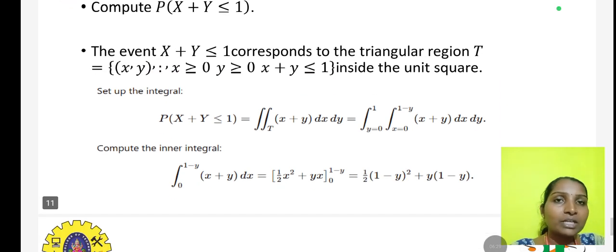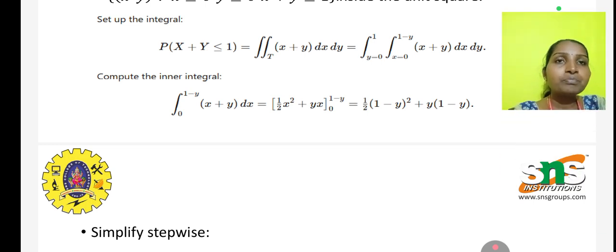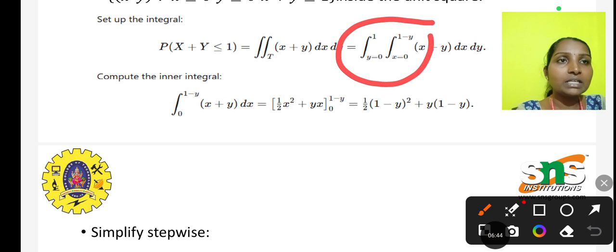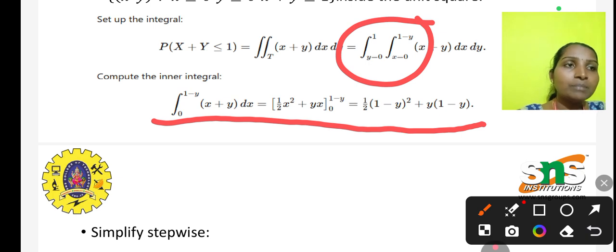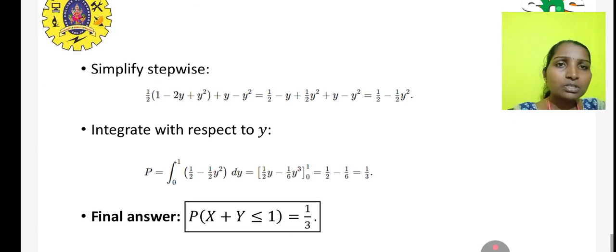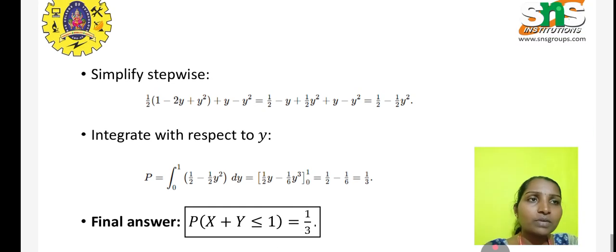Now we set up the integral: the probability of x plus y less than or equal to 1 is the double integral over T of (x plus y) dx dy. Implementing the limits and simplifying stepwise, we get the answer: the probability of x plus y less than or equal to 1 is 1 by 3.